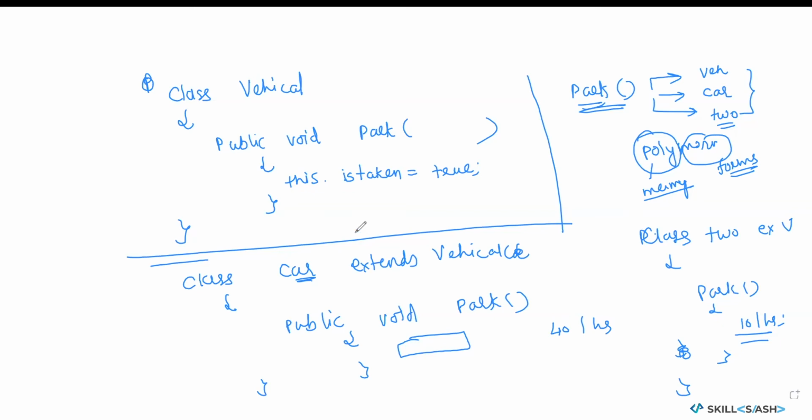You can create an instance of Vehicle, an instance of Car, and an instance of TwoWheeler. When I say instance, I can create something like this: Vehicle vh equals new Vehicle.